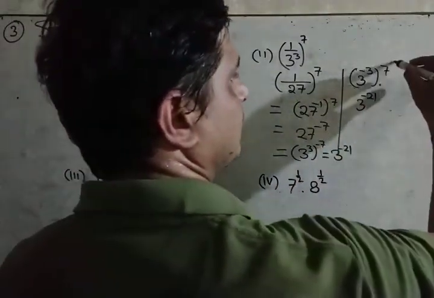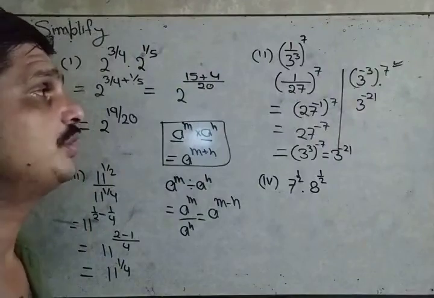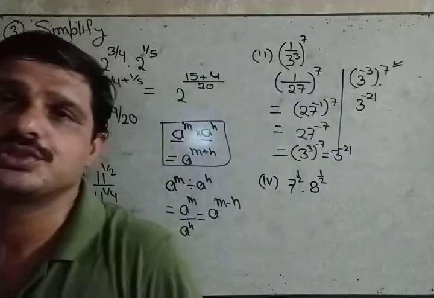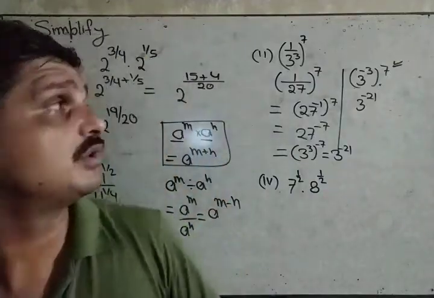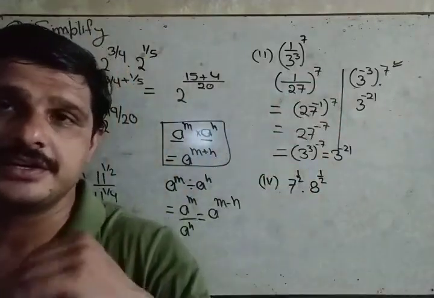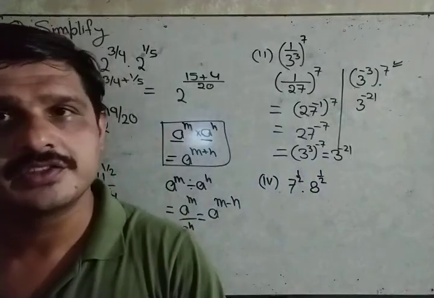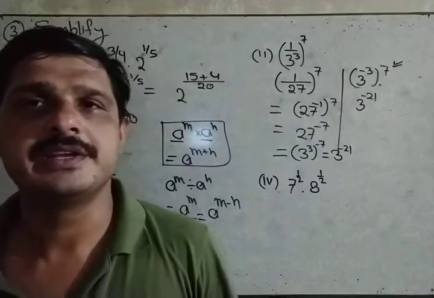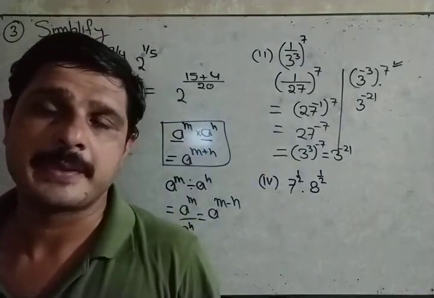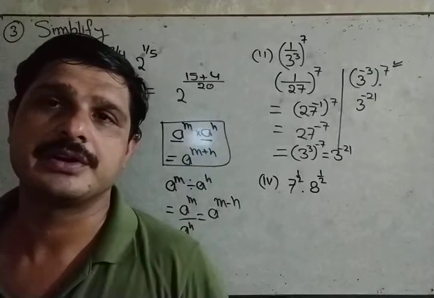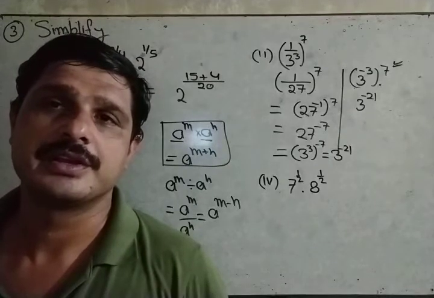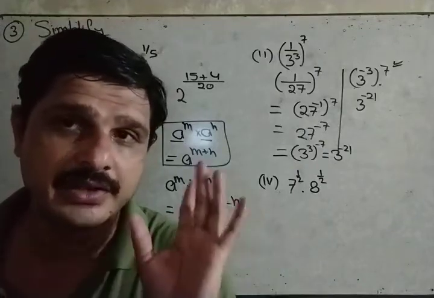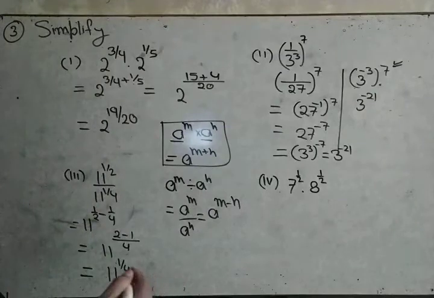I recommend this method. I told you how a student thinks, because I am solving questions as a student, not as a teacher. When any student sees 3 raised to the power 3, he will forget everything and directly multiply 3 into 3 into 3. If any student sees 16 raised to the power 1 by 4, he will take 16 as 4 square, not 4 to the power 4. That's why I am giving you both the approaches.